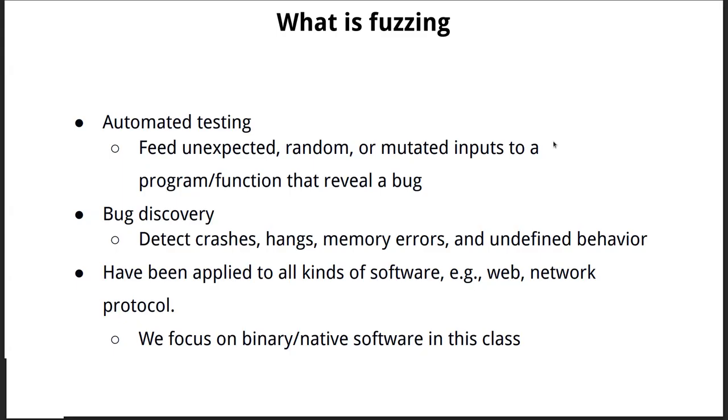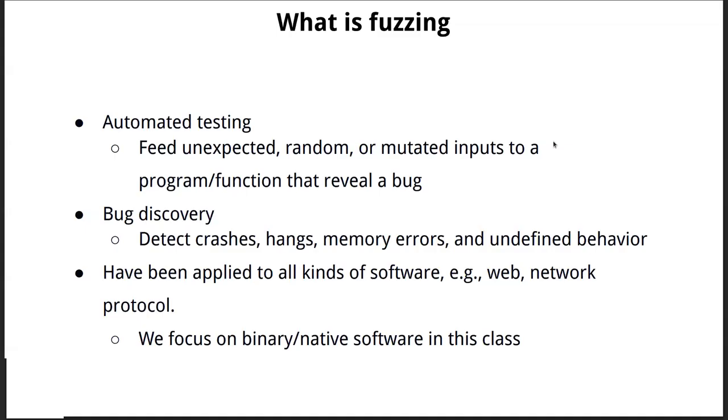Of course, random is a big word; you all learned probability, right? If we say random data, it doesn't mean it's uniform, it's simply random data. We want to find random data in some special regions in the infinite space which are more likely to trigger bugs. This technique has been applied to all kinds of software, from web software to network protocols to binary software.